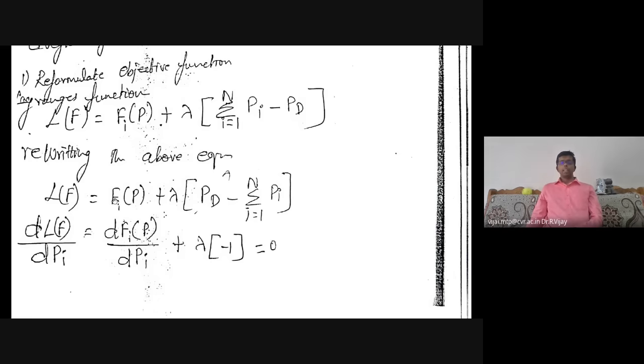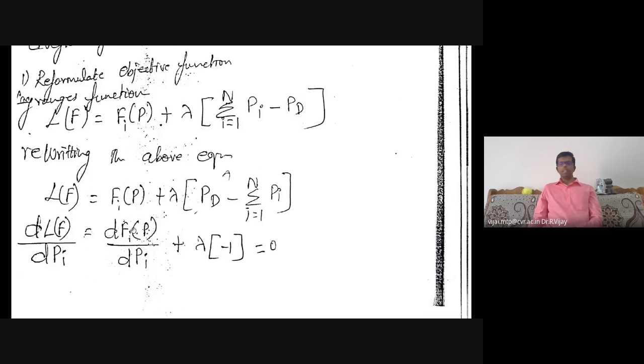This is f of I, only f of I, a function of Pi. f of I of Pi is ai Pi square plus bi Pi plus c. So this is the function of power, that's why we have added this P here.